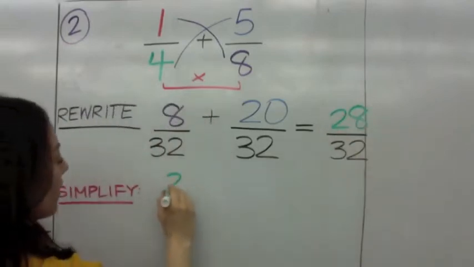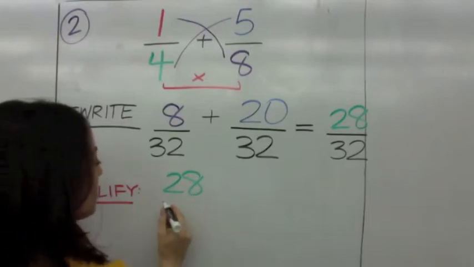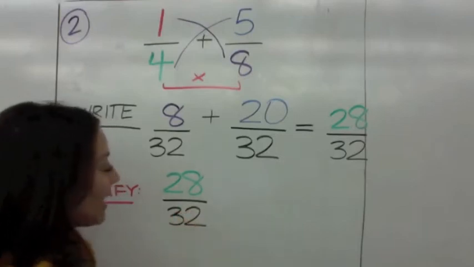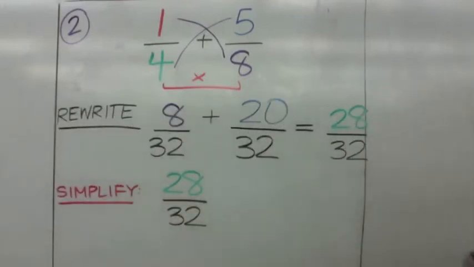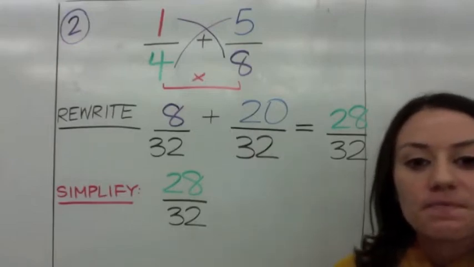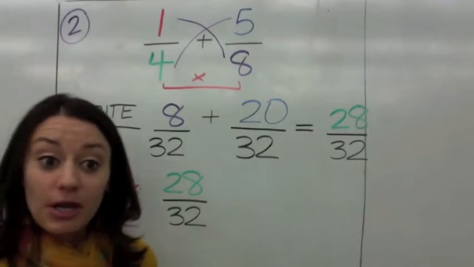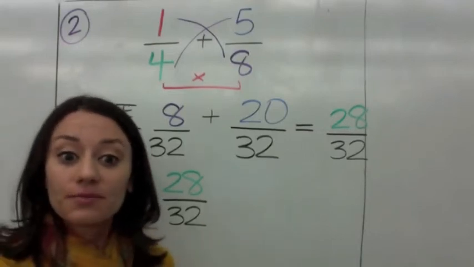I want to rewrite this fraction 28/32nds. And I want to ask you, could you simplify this 28 over 32? Now, instead of thinking of a number that you could divide the numerator and the denominator by, let's use the multiplication chart.